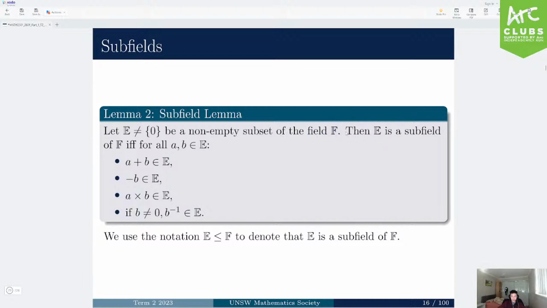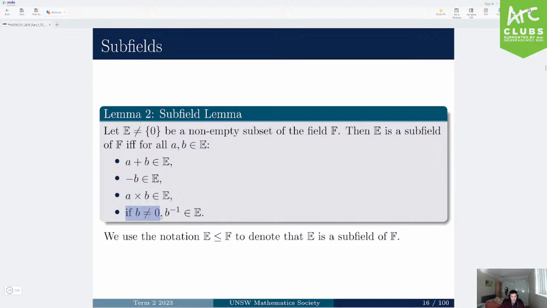Then we say that E is a subfield of F if and only if all of these conditions are satisfied. So if we take any elements A and B inside E, A plus B is also inside E, so that's closure under addition. The additive inverse of B, which in this case would be minus B, is also inside E. If we take A times B, that's also inside E, so that's closure under multiplication.